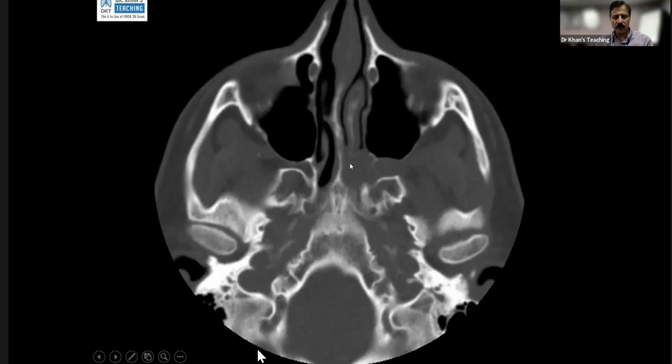From the nasal cavity, there is a foramen, which is known as sphenopalatine foramen, and it goes here. Once it goes here, it is displacing the posterior wall of the sinus anteriorly.